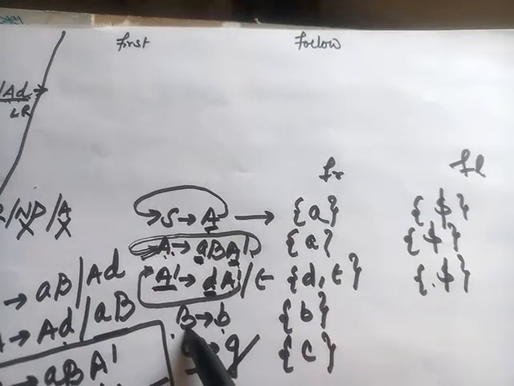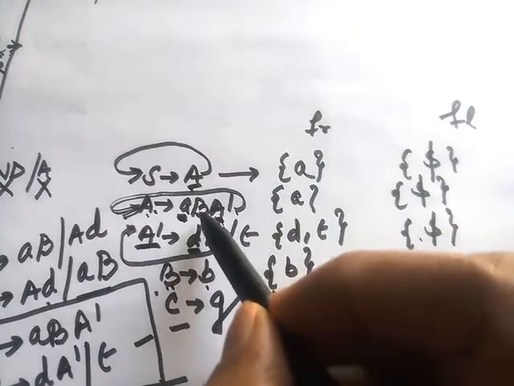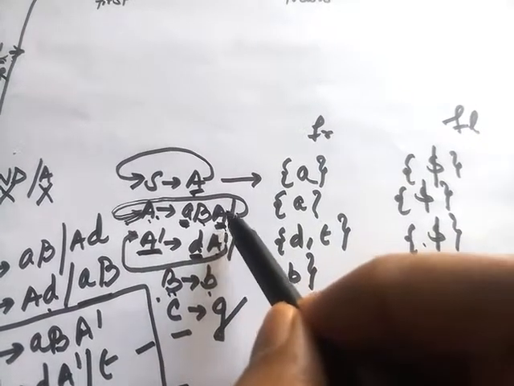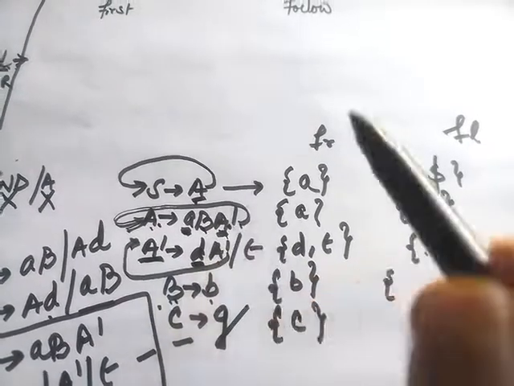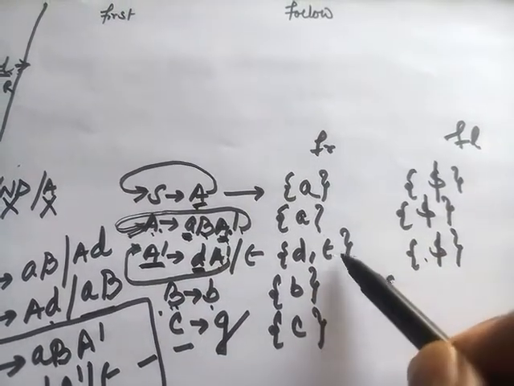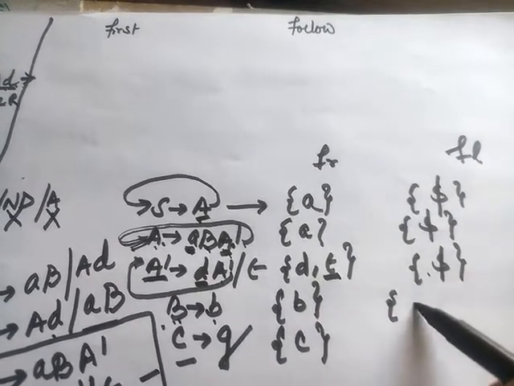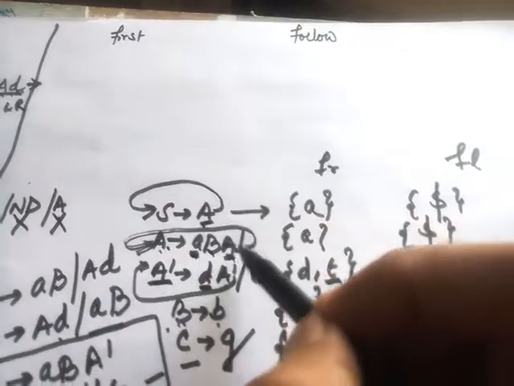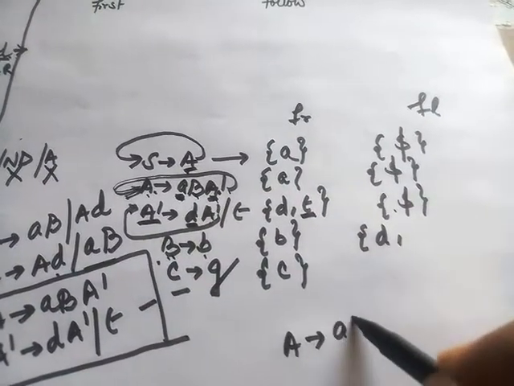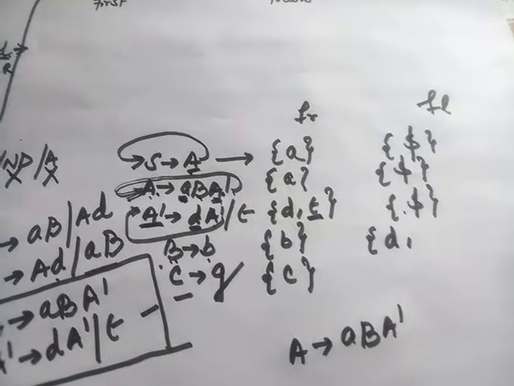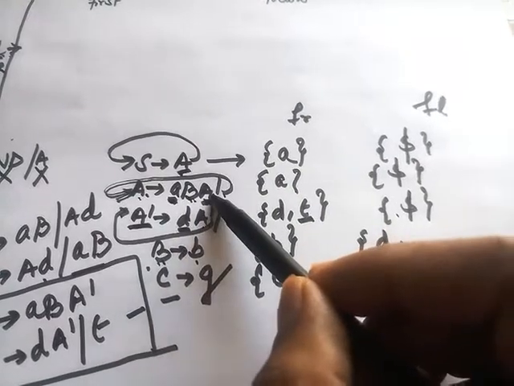What is follow of B? Follow of B means what comes after B. After B it is A', which means follow of B is first of A'. What is first of A'? First of A' is D and epsilon. So we take D over here and we substitute epsilon. It is like this: A generates B A', and follow of B is first of A'.